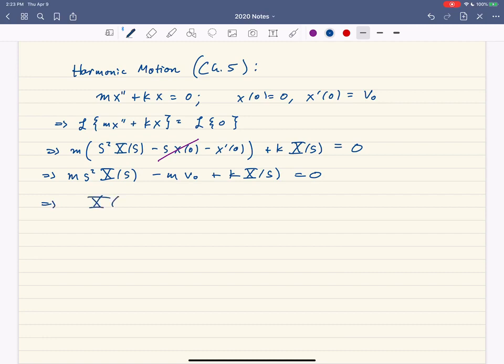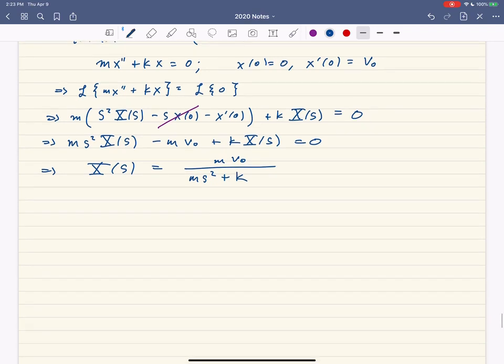Solving for capital X and moving the m v naught over to the right, we add m v naught and divide by the term in front of capital X, which is ms squared plus k. This is actually where I want to stop. I'm not looking to actually solve this equation. I just want to show you that we can get to this point with the Laplace transform method.